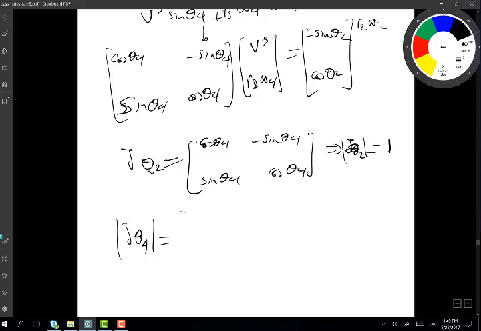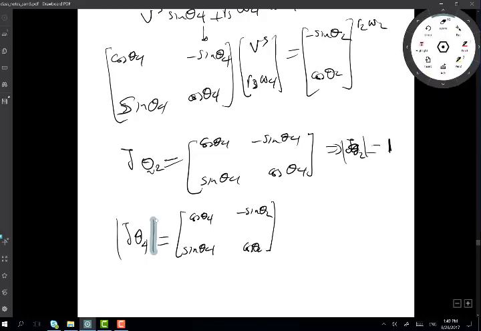Then I'll have cosine theta 4, sine theta 4, minus sine theta 2, cosine theta 2. This is my Jacobian, which is the J theta 4. No, that's not a determinant, this is the matrix itself, so I should remove those signs.